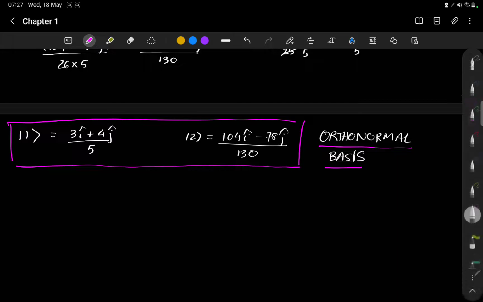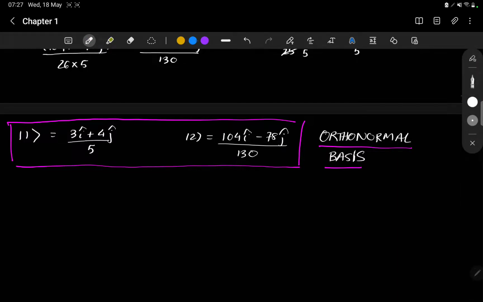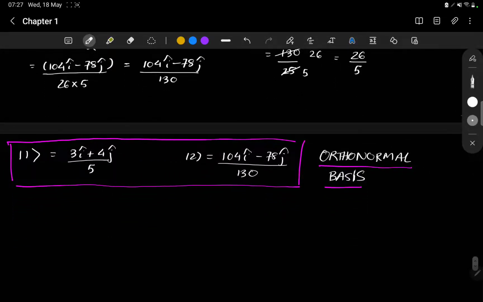We can check that once again. Let us see whether they are orthogonal or not. So we'll take the dot product of 1 and 2.